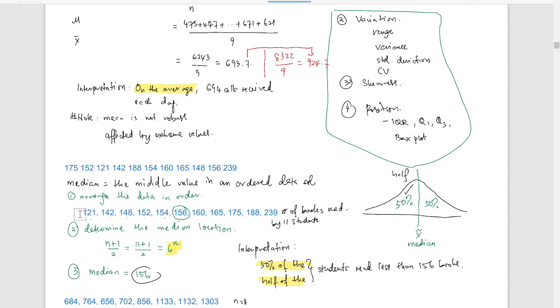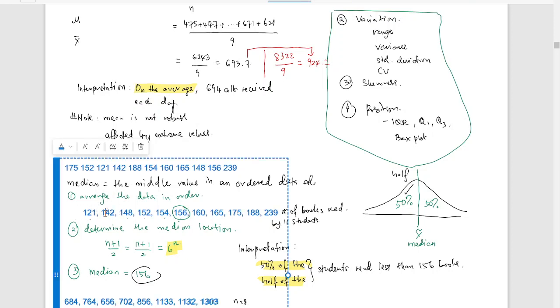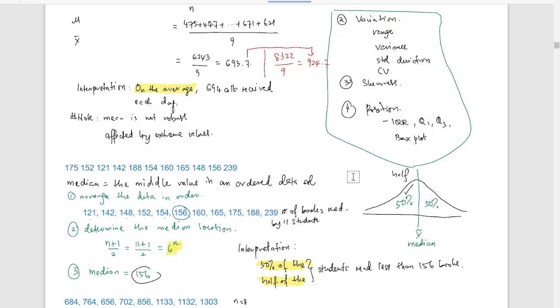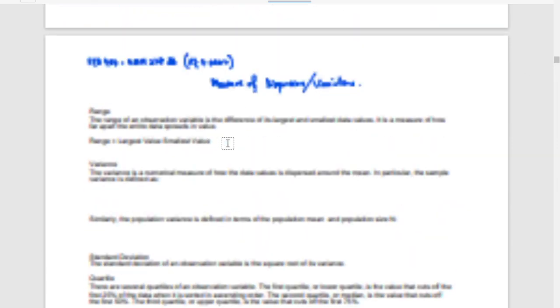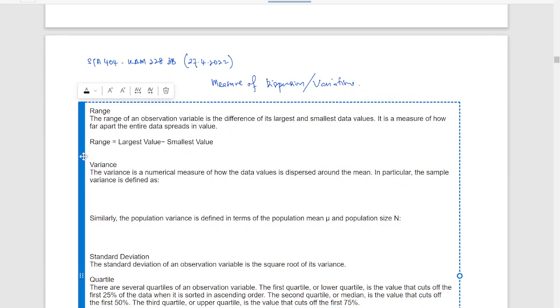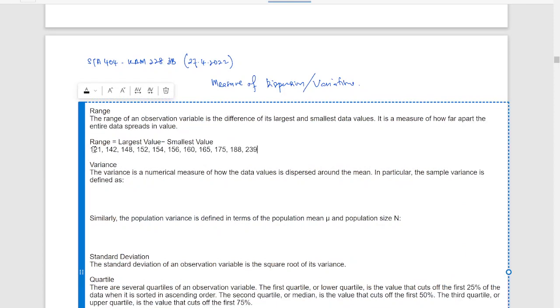So I'm just going to use the arranged data. Okay, we're going to use the same data set. Okay, suppose that you have this data set. So you ada data set ni.